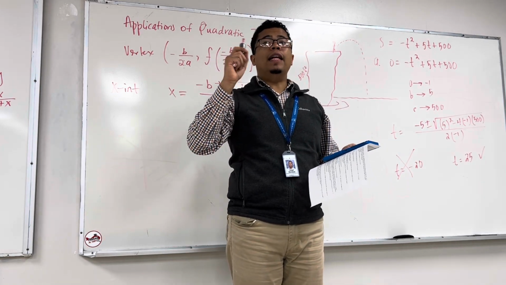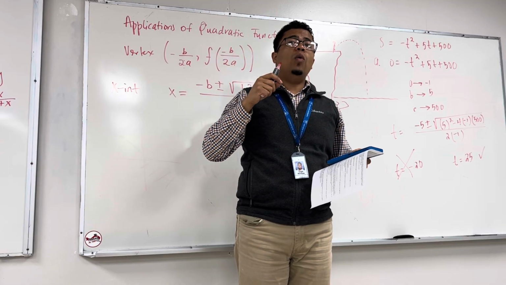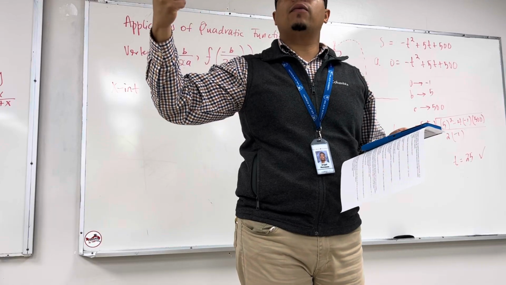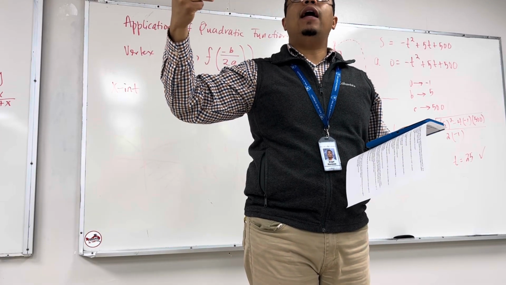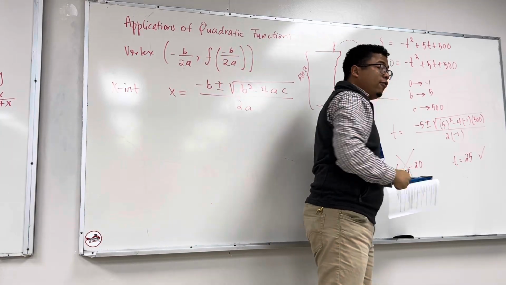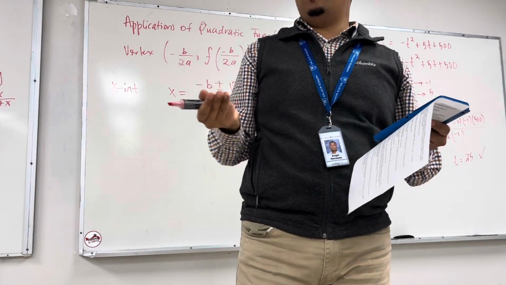That could happen in certain contexts, and even guys, listen. Right now, we are solving for the time it takes to reach the maximum height, right? So the obvious answer is the 25, and the other one is obviously not the answer because it's a negative number. Time cannot be negative.